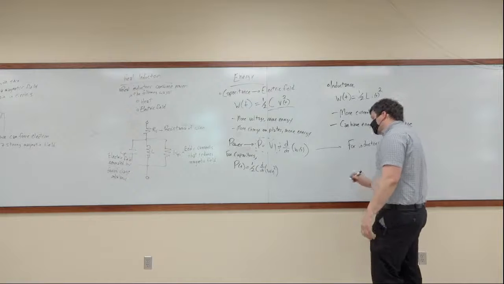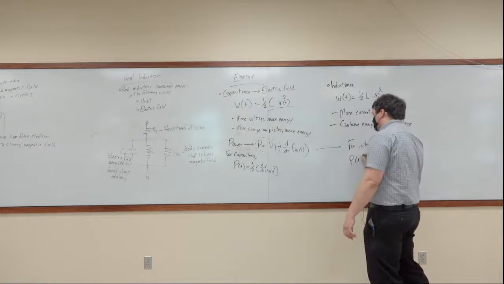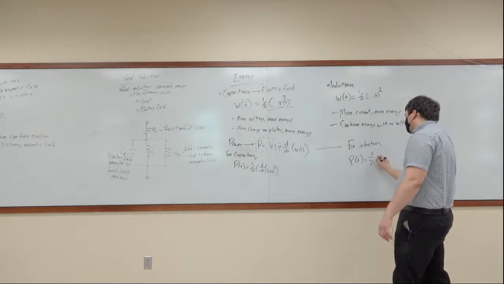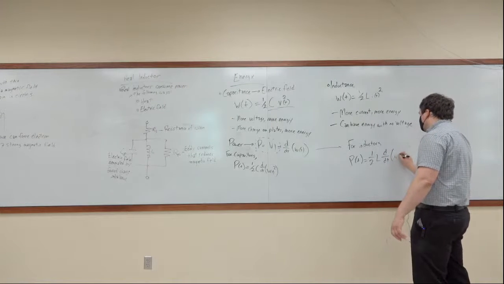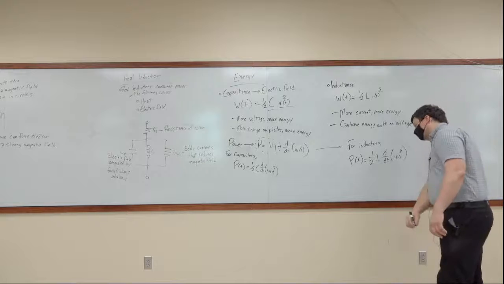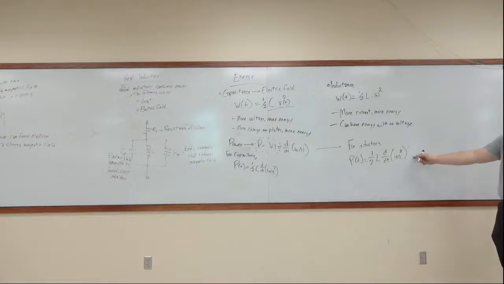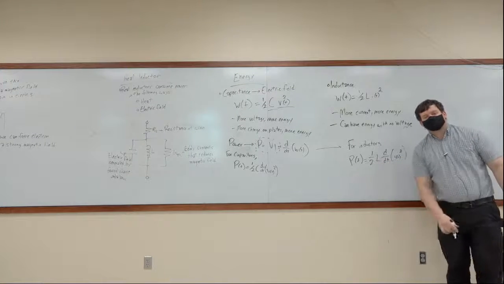If you want to know the instantaneous power consumption, you have to calculate 1/2 L times the time derivative of the current squared. Okay, this is again instantaneous. This is not something that is cumulative. It does not have a prior time dependency. It only focuses on the exact moment when this is happening. Okay?